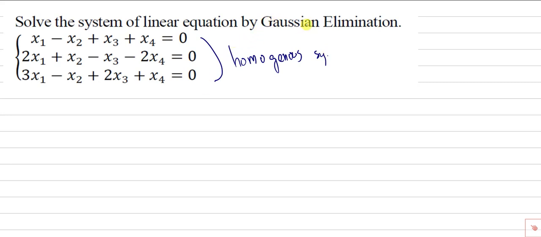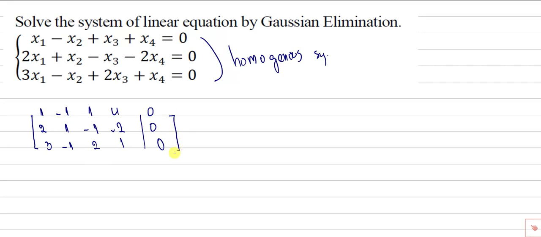So if we want to solve this one, we should also convert this equation to the augmented matrix. So we got the matrix 1, minus 1, 1, 4, and this one is 0; 2, 1, minus 1, minus 2, 0; 3, minus 1, 2 and 1. This is 0.